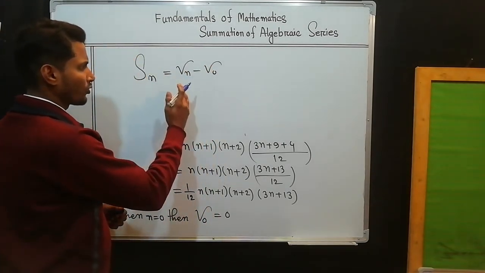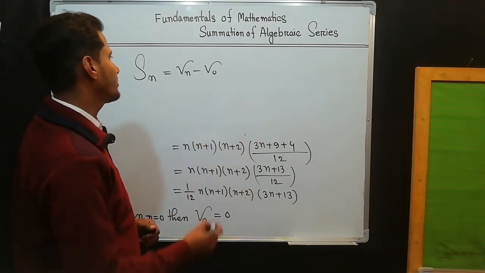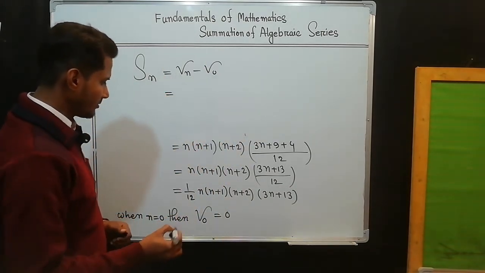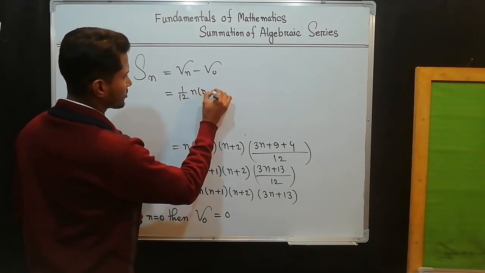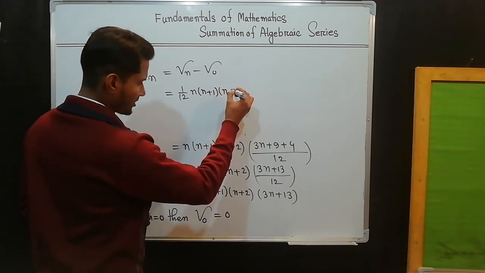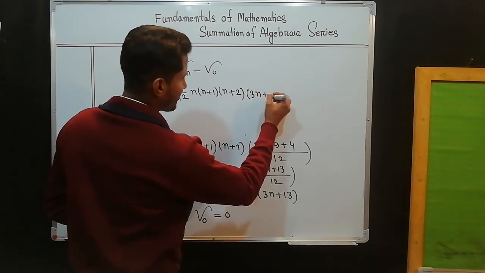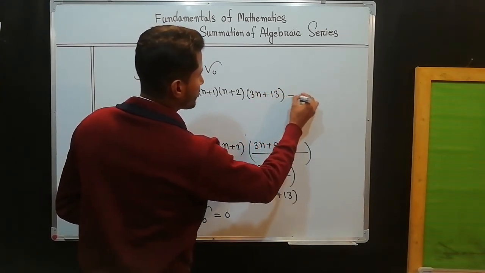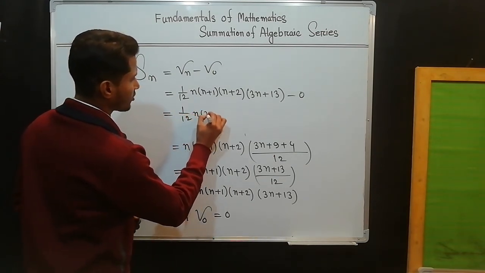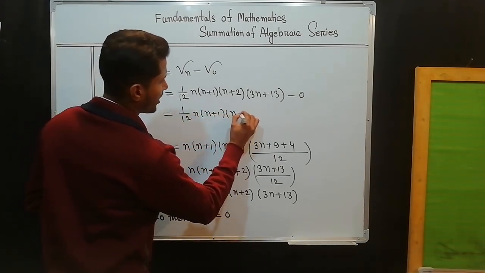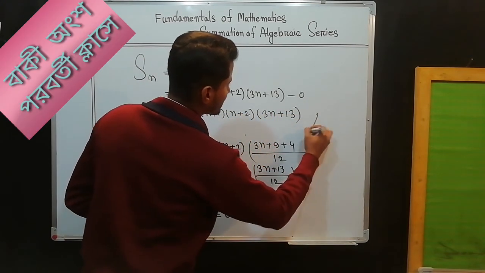Then putting in the values of Vn and V0, we get the result. Vn equals 1 by 12 n into (n plus 1) into (n plus 2) into (3n plus 13), and V0 equals 0. Then we write it as 1 by 12 n into (n plus 1) into (n plus 2) into (3n plus 13). This is the answer.